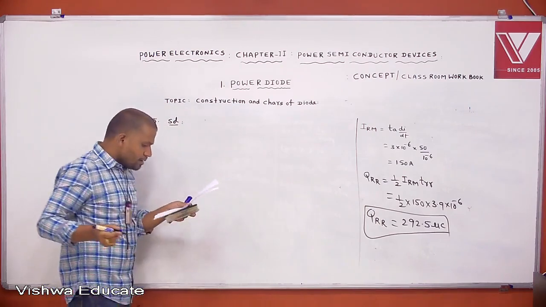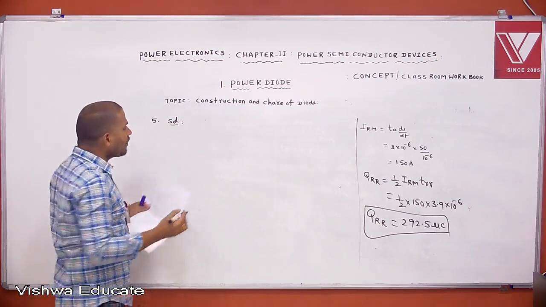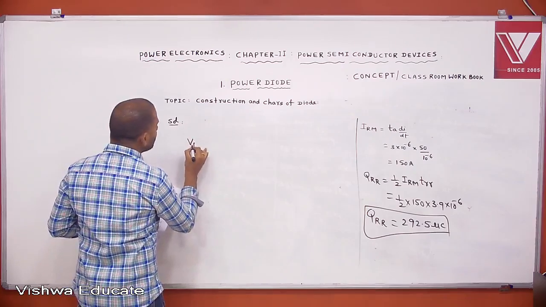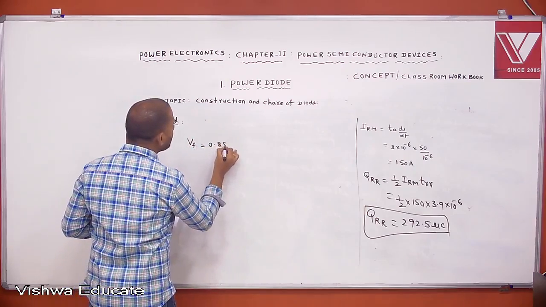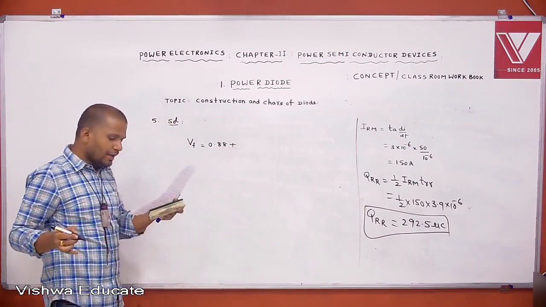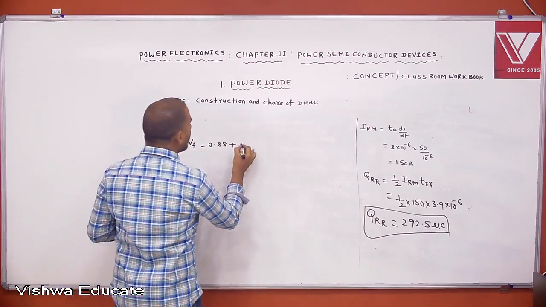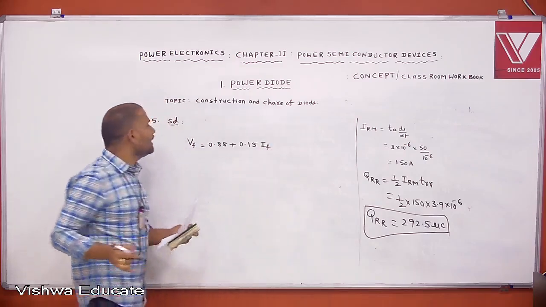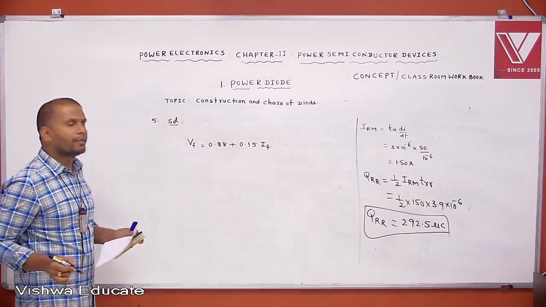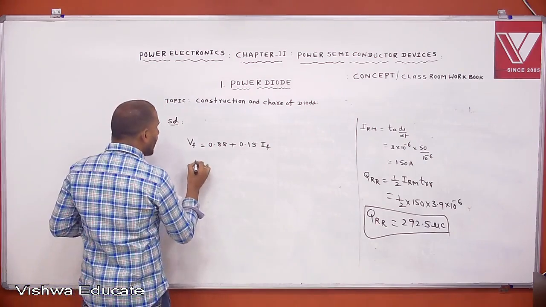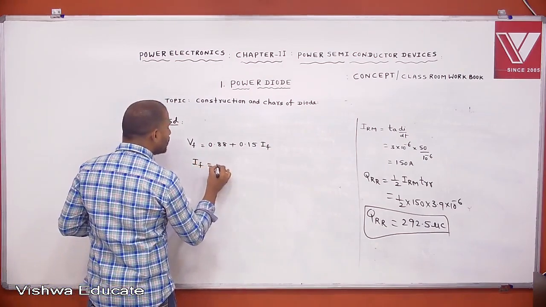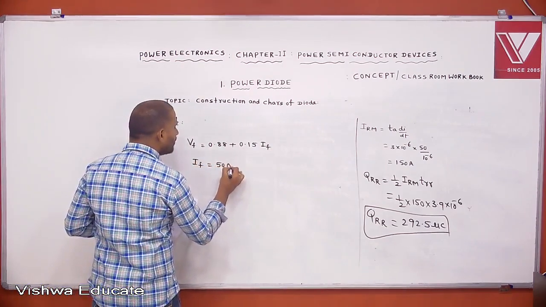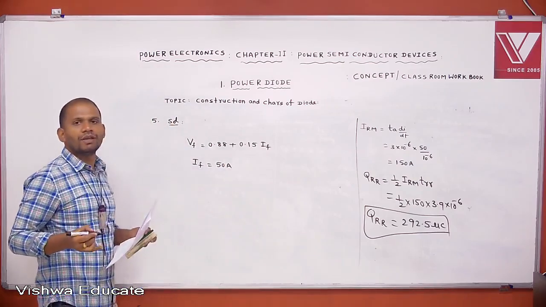The forward characteristics are VF equal to 0.88 plus 0.1 IF, for a forward current of IF equal to 50 amperes.